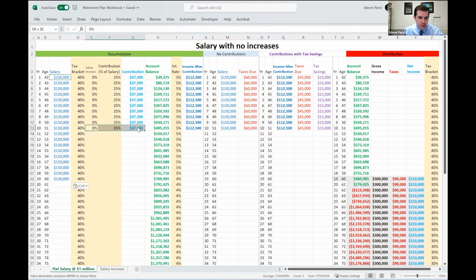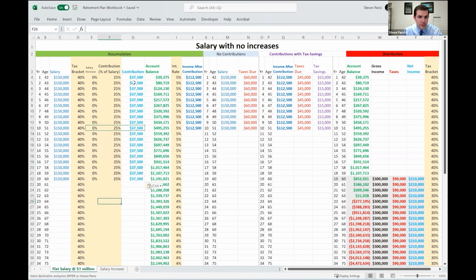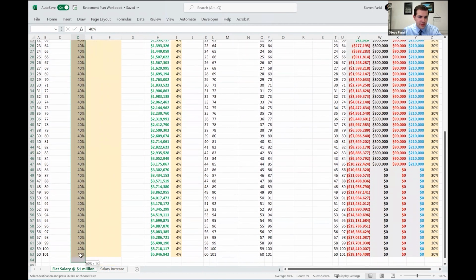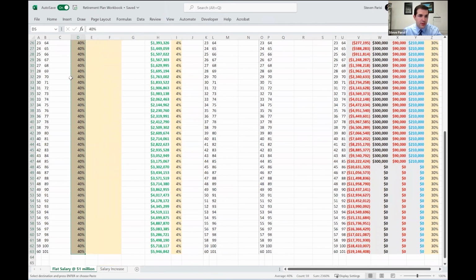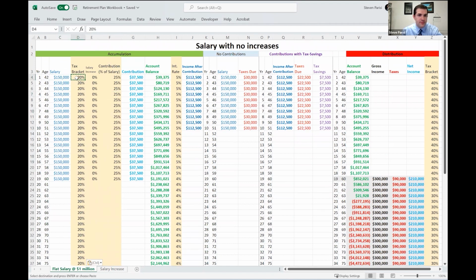What I would do. There we go. So everything's populated, and adjustments will occur for us, which is nice. 150, that total tax bracket is not going to be 40%. And we can adjust this, which is nice.